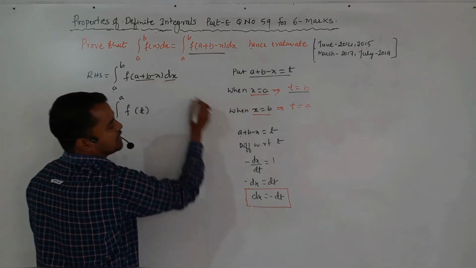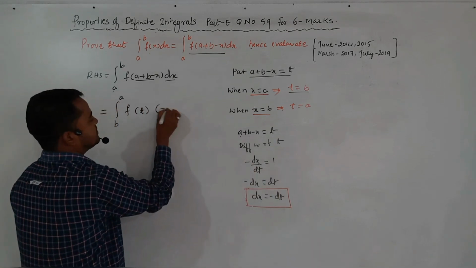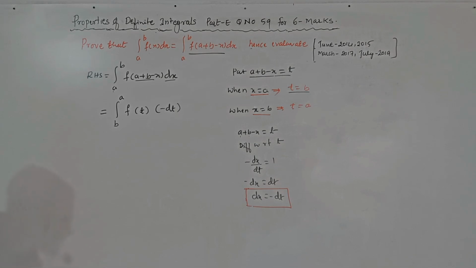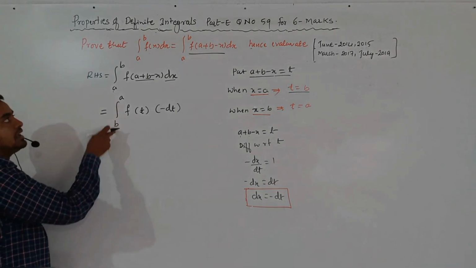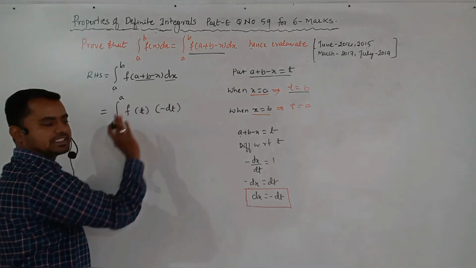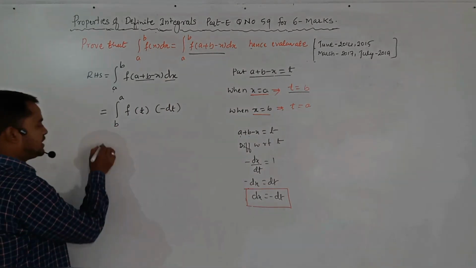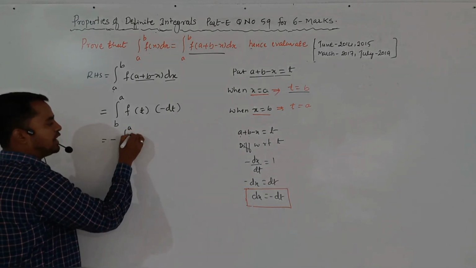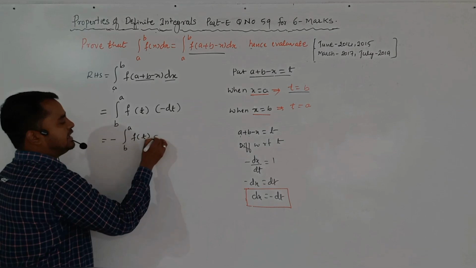Then dx means minus dt. Four changes we did here: a becomes b, b becomes a, a plus b minus x means t, dx means minus dt. Now take minus sign outside. Integration of b to a f of t dt.